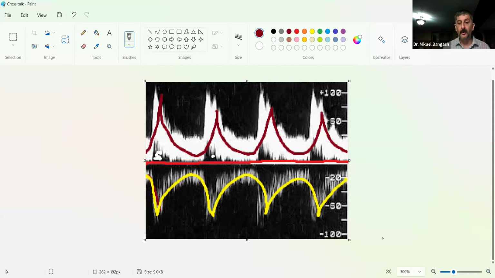Now, in regular B mode, or even in color mode imaging, we will say that the one on top is the real, and the one at the bottom is fake.